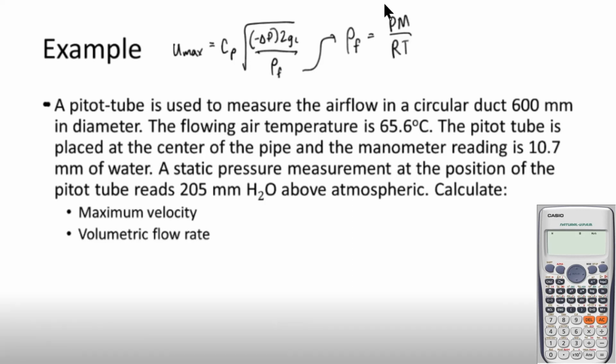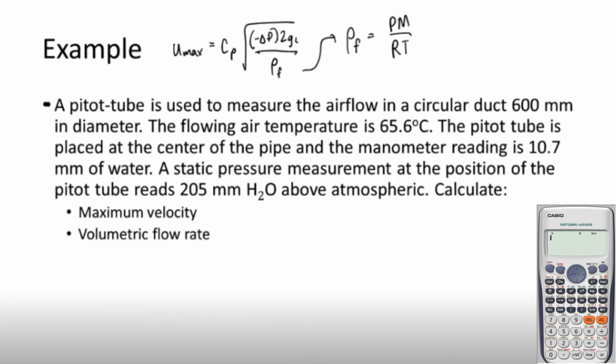In this case, the pressure of the air can be determined as the static pressure measurement at the position of the Pitot tube, that is 205 millimeters of water. We just have to convert this to pressure units. While the manometer reading 10.7 millimeters of water tells us that our manometric fluid is water. Okay, so we are to use the density of water.